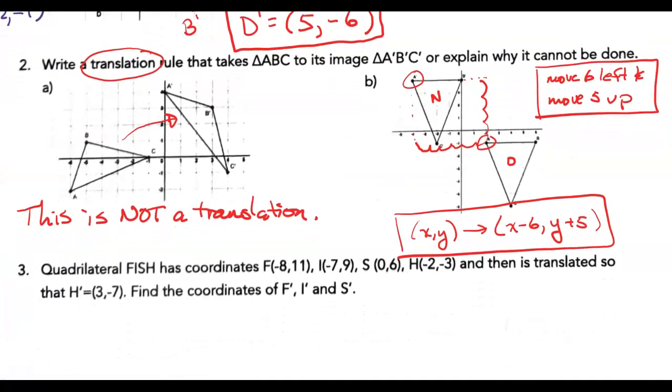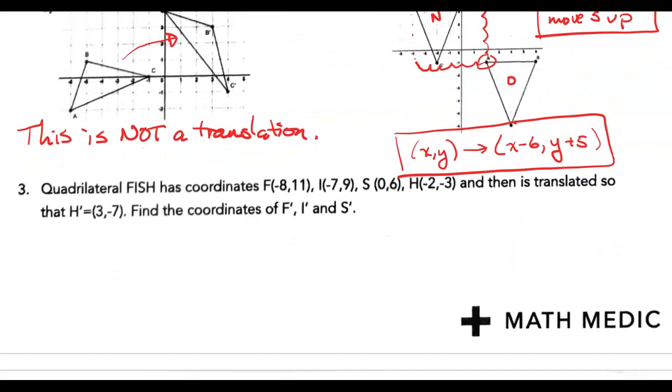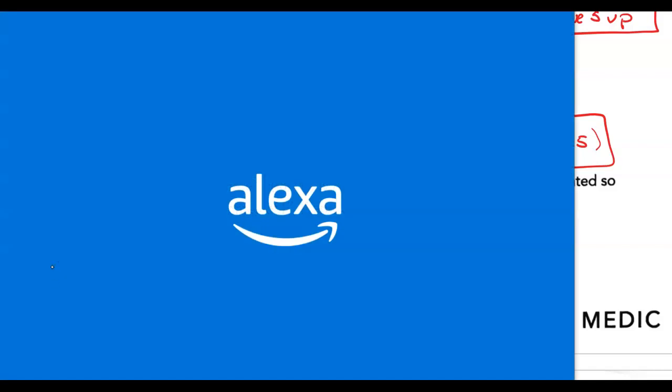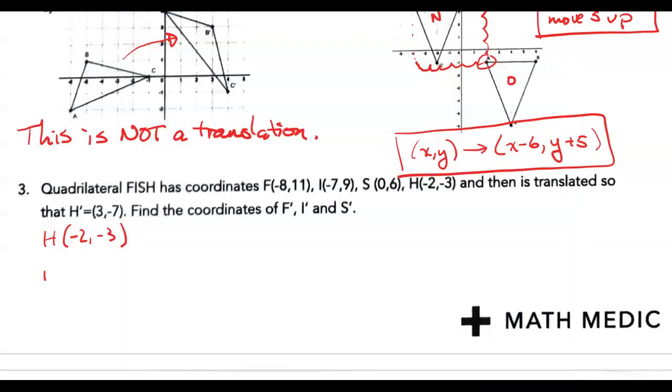All right, and then lastly, number 3 here, it says quadrilateral FISH has coordinates F, I, S, and H. We can see them there, and then is translated so that H prime is 3, -7. So I'm going to write these down here. So H was -2, -3, and H prime was 3, -7.